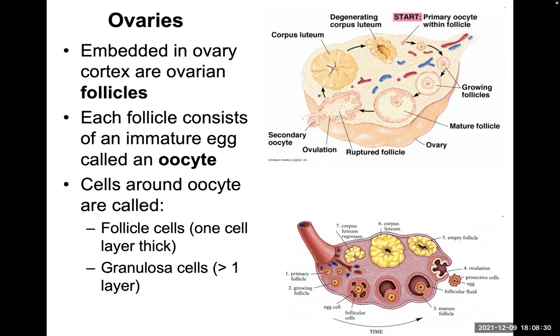Past that, you're going to find more than one layer of cells that makes up the follicle, and when there's more than one layer, we call those granulosa cells. Granulosa cells secrete estrogen. Well, they secrete estrogen and progesterones, but importantly, they secrete estrogen. And so the greater the number of granulosa cells that make up the follicle, the greater the amount of estrogen that is produced.